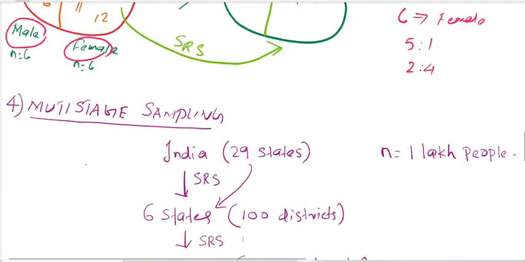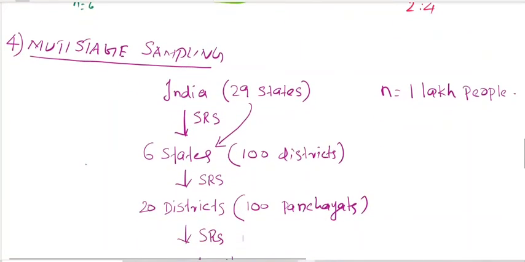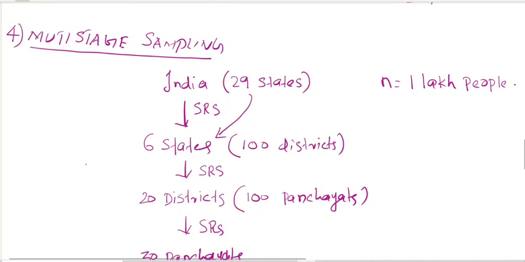And the next sampling we have is multi-stage sampling. We use it when we are doing sampling in a very big population, a very big geographical area, when we have crores and crores of people, just like our country. That is, the sampling will be conducted at various stages.